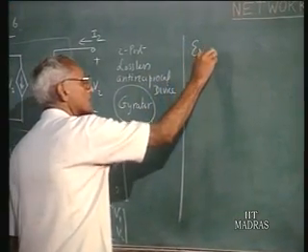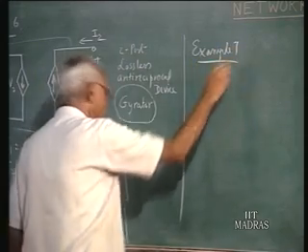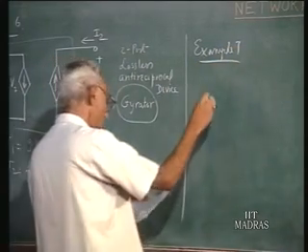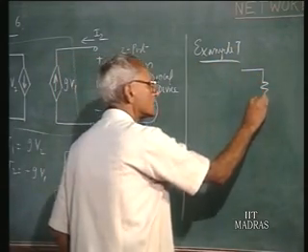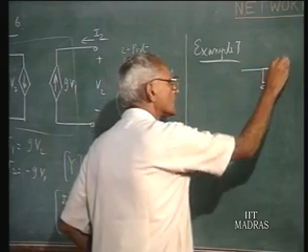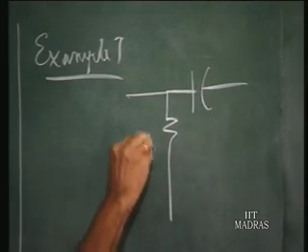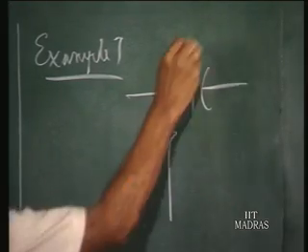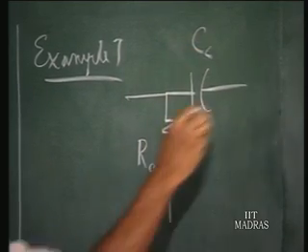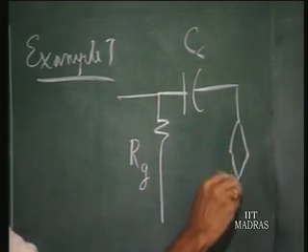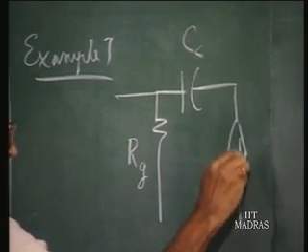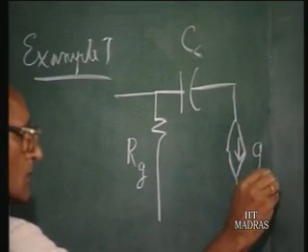Let us take another example, slightly more complicated. Suppose we have this, a model of some active circuit. We have a dependent source Gm times V1.